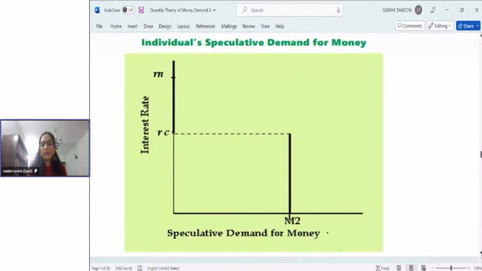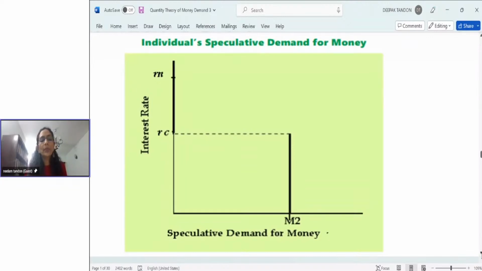What's the takeaway? If the current interest rate is greater than the critical interest rate, then you expect that the probability is that in future the interest rate will decrease and you will gain capital gain. You will incur capital gain, and that's why you invest your money in bond.